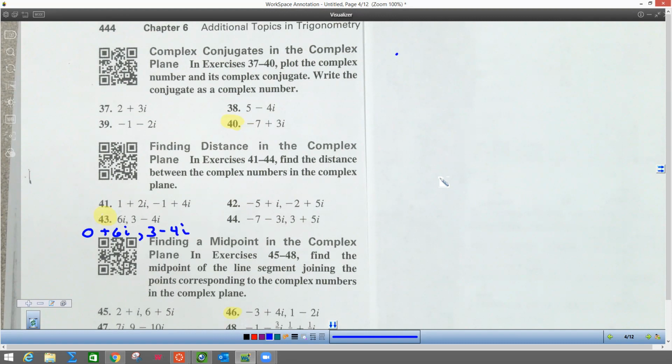Okay, so we're going to do the distance formula of this. So you take the a part of this, which is what? 0, minus the real part of this one, which is what? 3. And then you take the imaginary coefficient of the first one, which is what? 6, and then minus the imaginary part of the other one, which is negative 4.